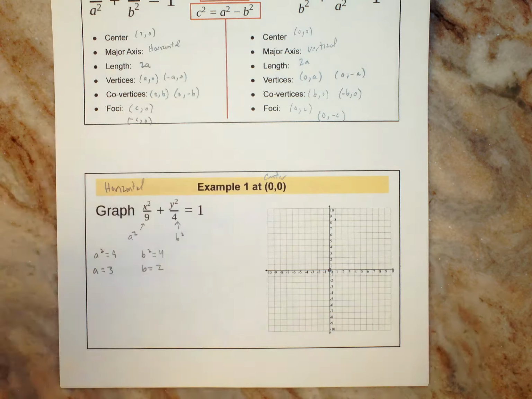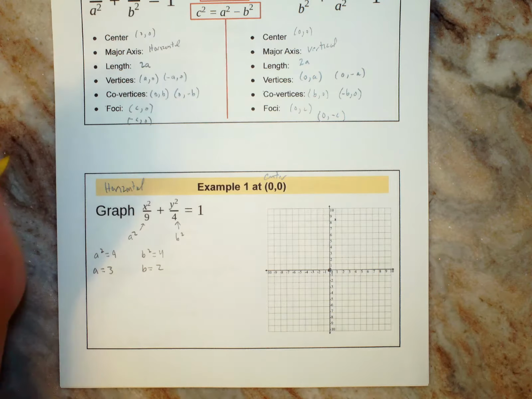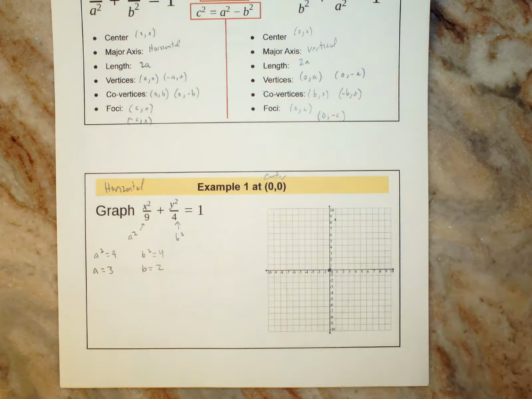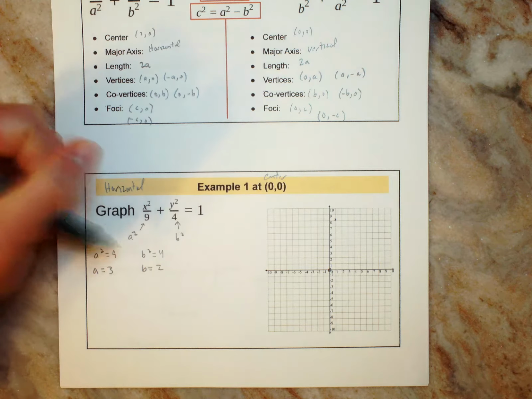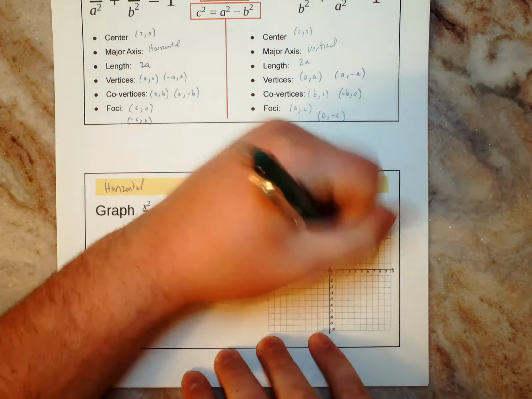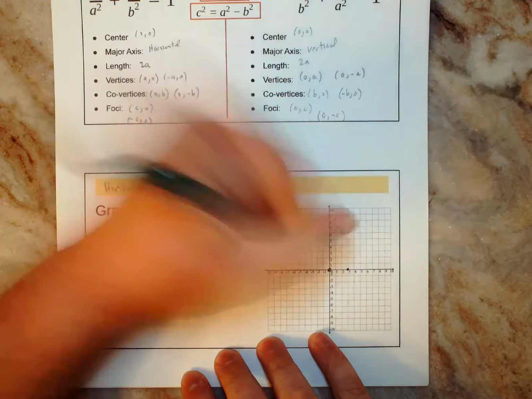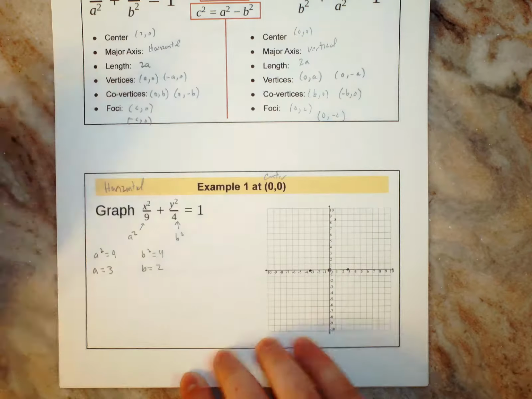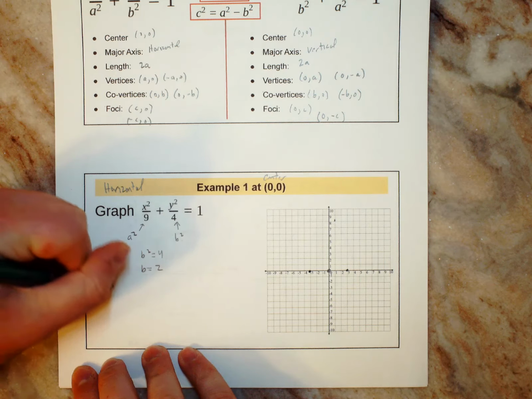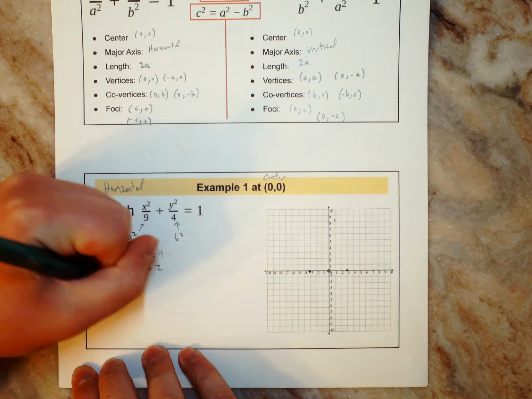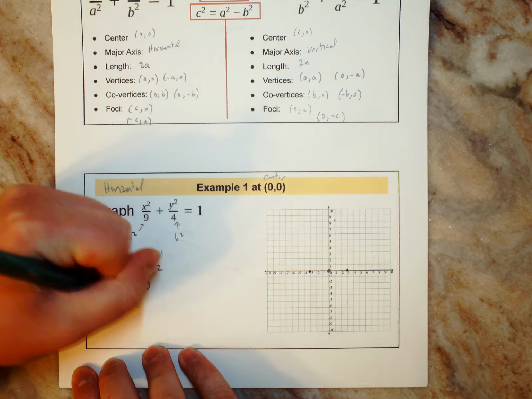So since it is a horizontal ellipse, my vertices are going to be 3 units away from my center. So there's going to be 3 units there, 3 units there. So that means my vertices are negative 3, 0, and 3, 0.